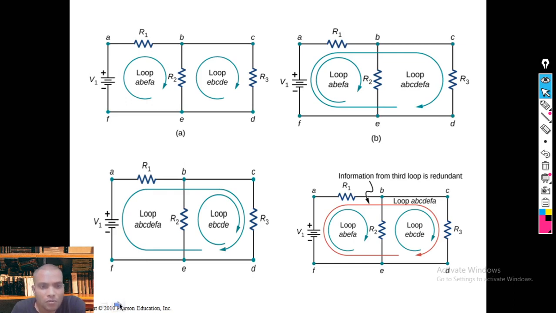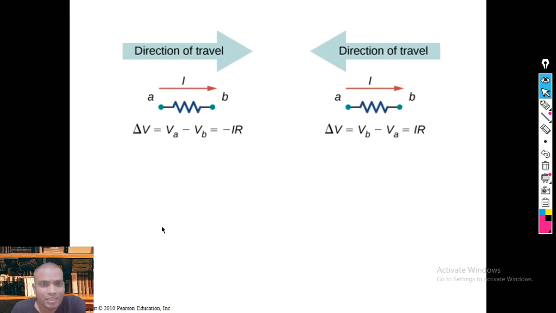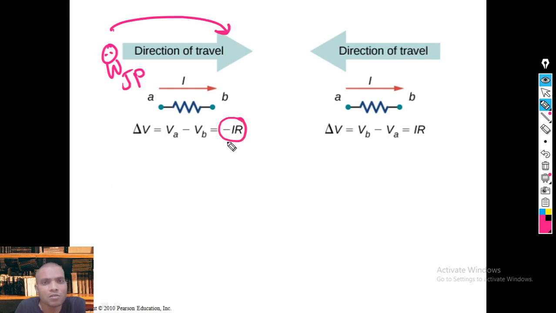Now in that loop, when you are traveling along the loop, that is my direction. If my direction and the current direction at a resistance are both the same, then when I take the potential difference, the product of the resistance and current value is negative. So this value we should take as negative as per the convention.